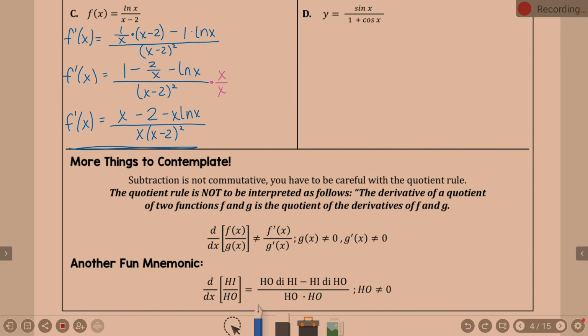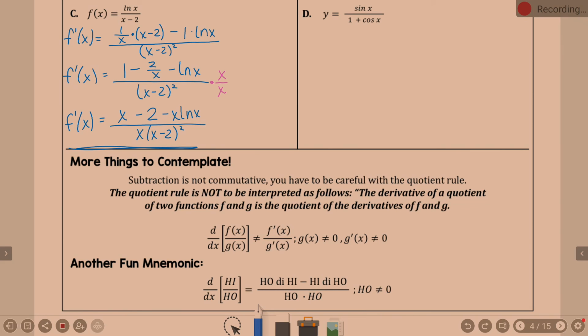So on top, I get x minus 2 minus x ln x over x times x minus 2 squared. On x ln x, always put the x out front. You don't want to put it at the back because then is it with the natural log or not. And on bottom, I would multiply the x in by any means, just make it x times x minus 2 quantity squared. Okay? That would be your more acceptable final answer there.